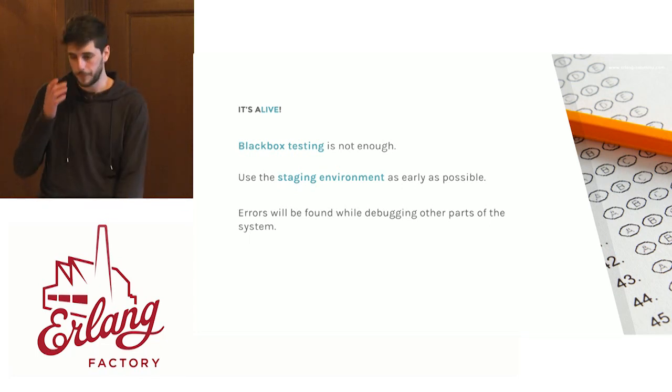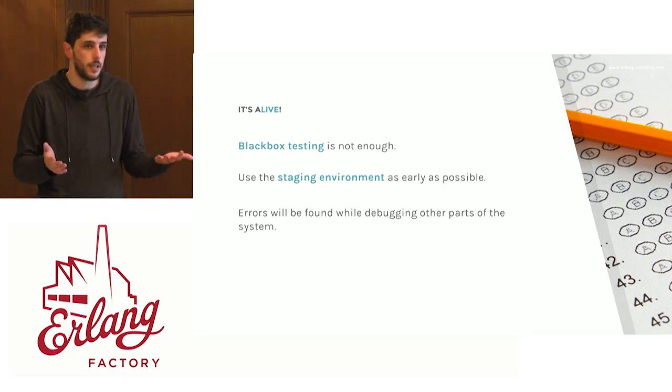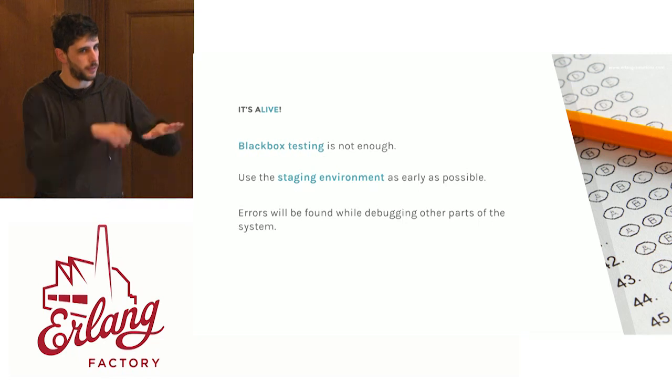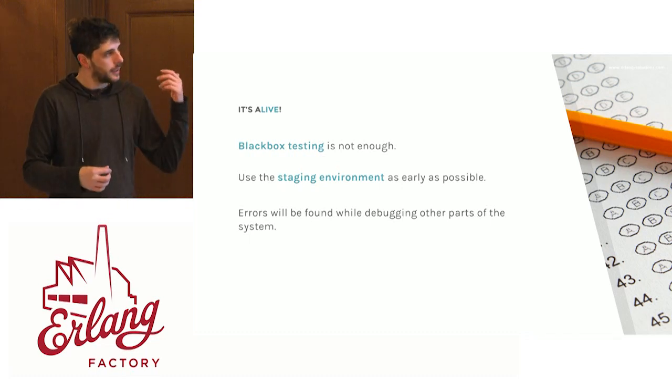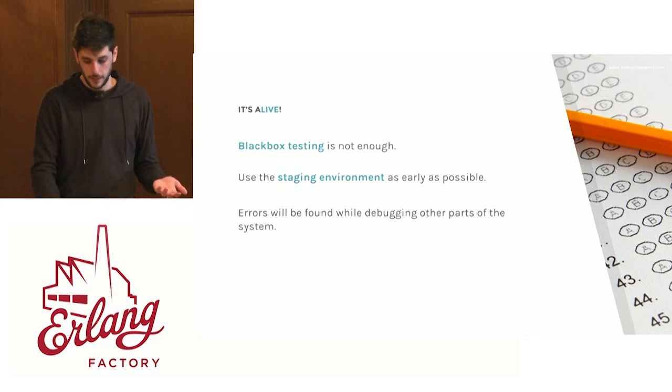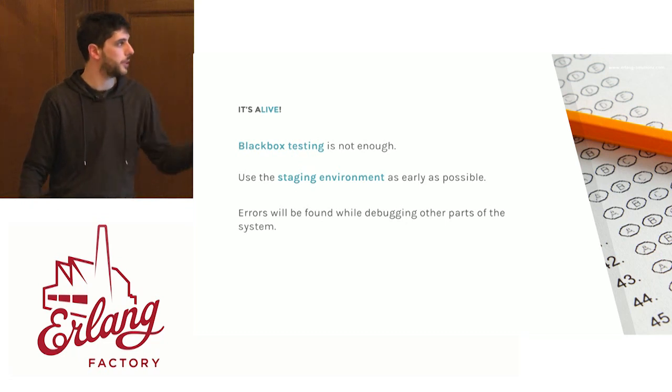So maybe I get confirmation of delivery of half the messages, because brokers have multiple topics, and maybe one topic wrote correctly and the other one didn't. But the point is, it happens, and it's something unexpected that I wouldn't have found out without putting it on staging.